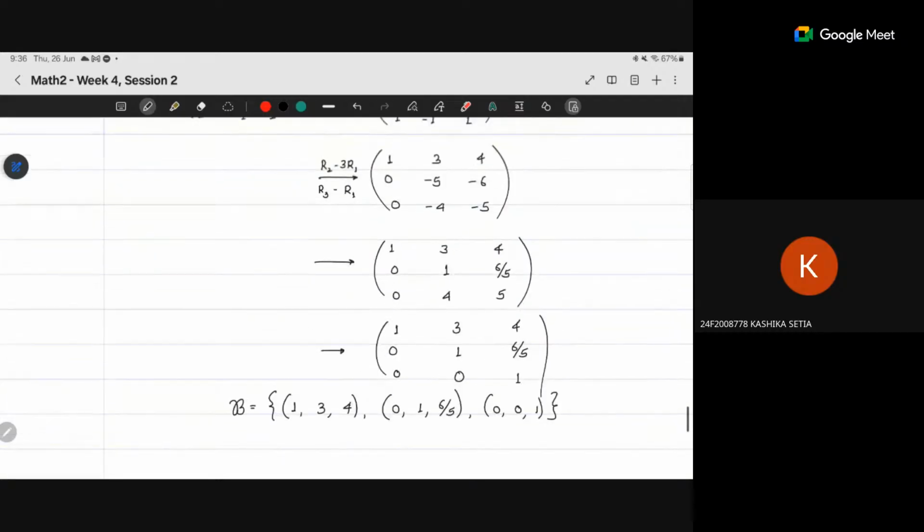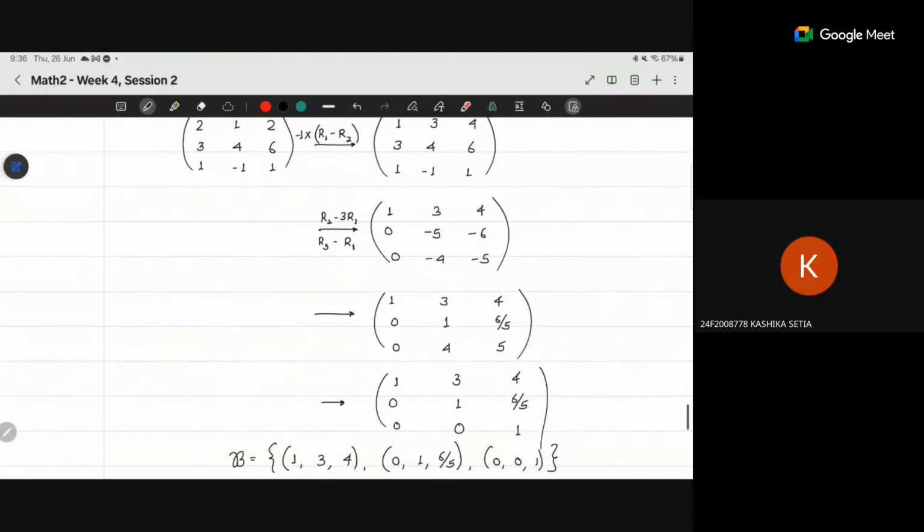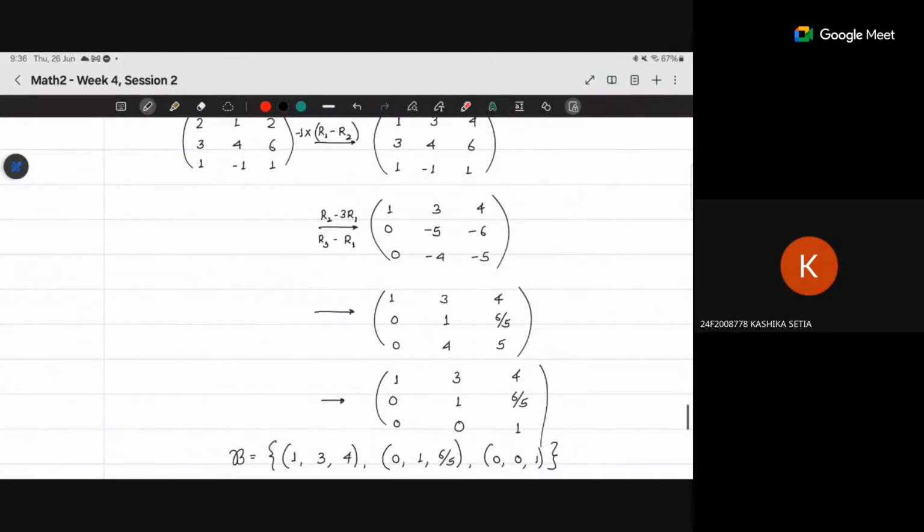So the point that I wanted to say is that even if you interchange the rows, that doesn't have any effect, since the algorithm says that you just list the non-zero rows and that will be your basis. Is that okay?